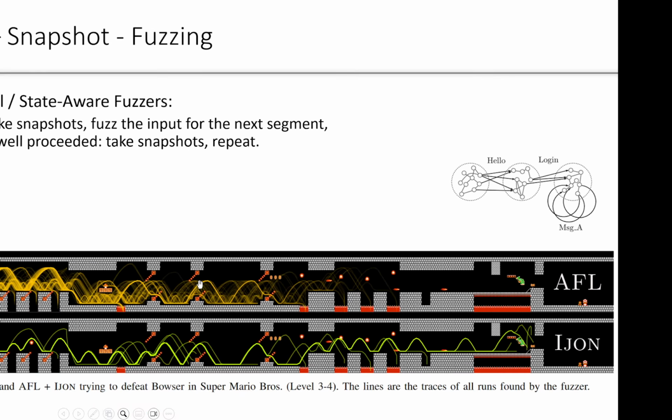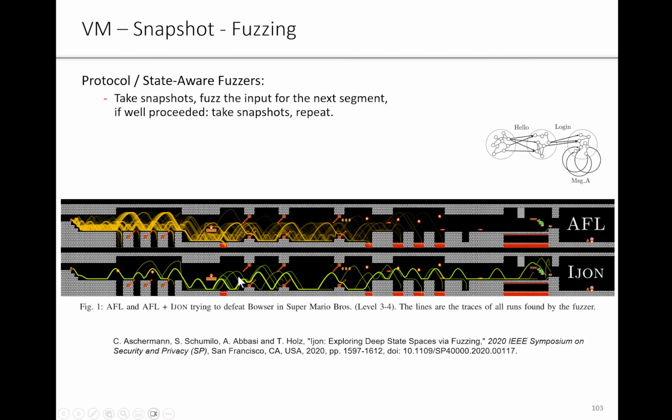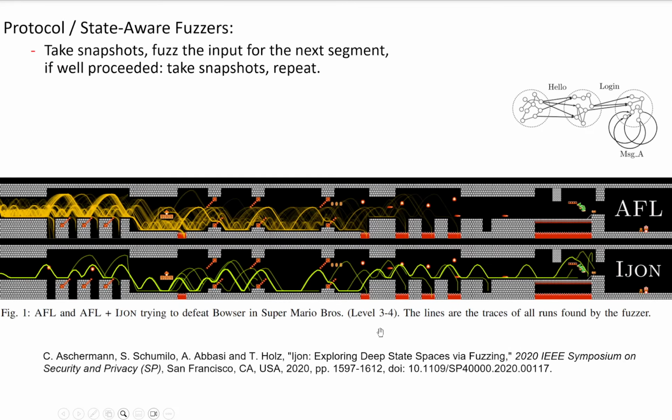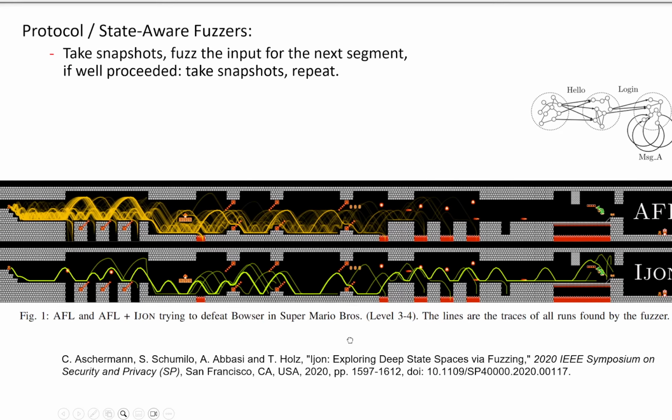And a similar example, this is a nice paper, is how with this fuzzing approach and the snapshot you can come up with speed runs in Super Mario, where the system learns.